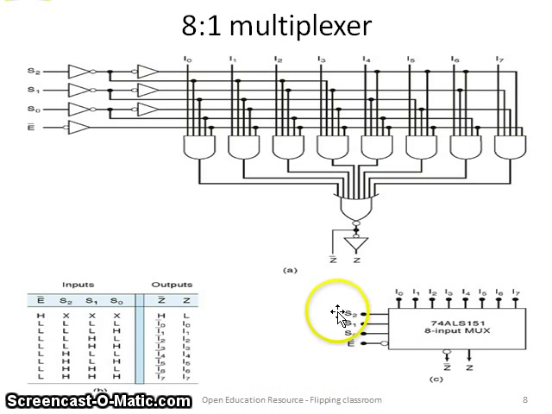Next order of multiplexer, 8:1. There are 8 data inputs, I0 to I7. To select one among these 8 inputs, a minimum of 3 select lines are required, S0, S1, S2.